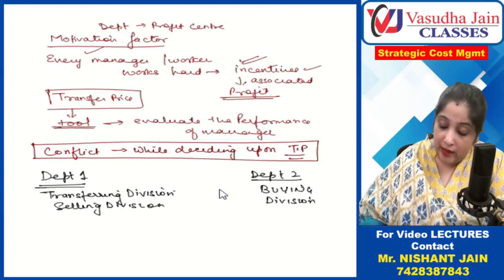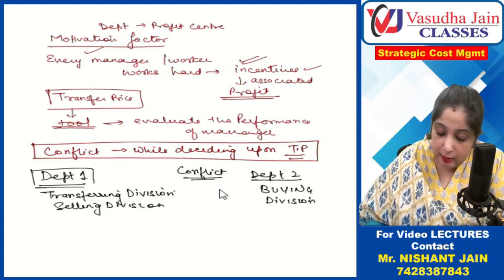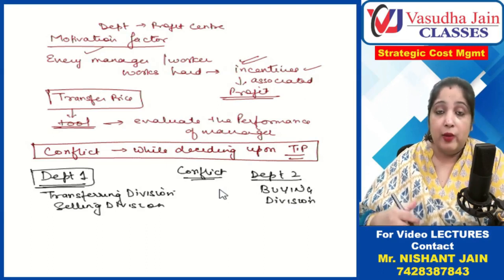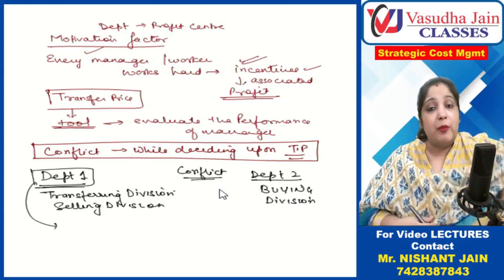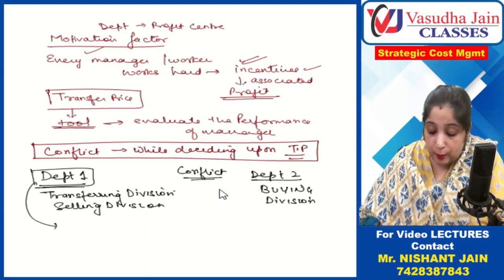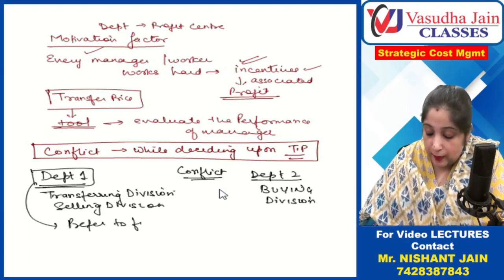Okay, now they have a conflict. What is the conflict? Obviously, when department 1 is selling goods to department 2, they would like to get the maximum revenue. They would prefer to fix a high transfer price.